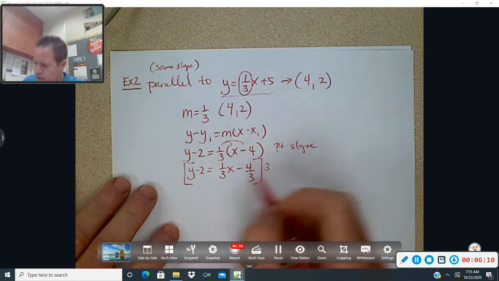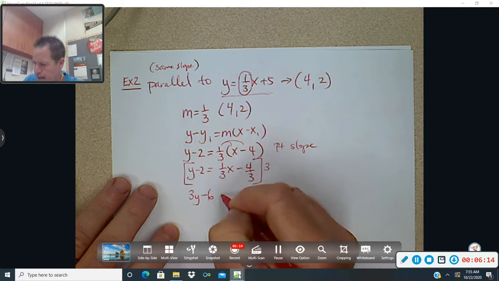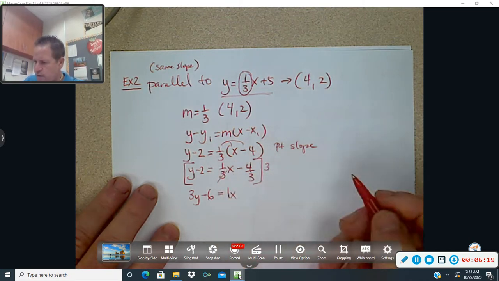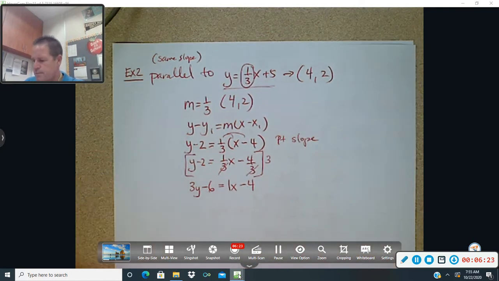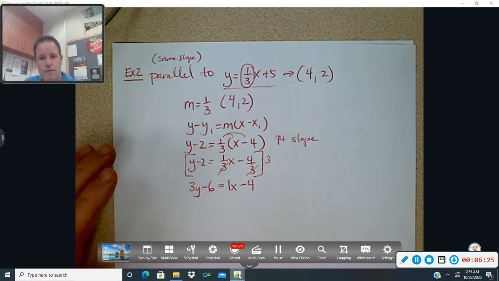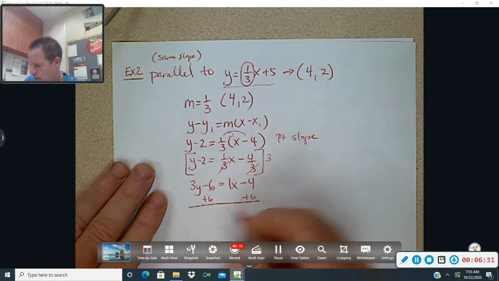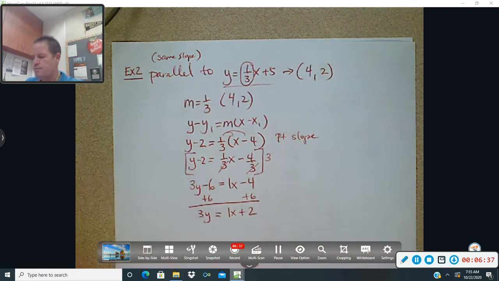Every single part times 3, you're going to have 3y minus 6 equals. The 3's are going to cancel, giving us 1x. The 3's are going to cancel, leaving us with a minus 4. Again, we're trying to solve for y, so let's keep going. We're going to add 6 to the other side, and I've got 3y equals 1x plus 2.